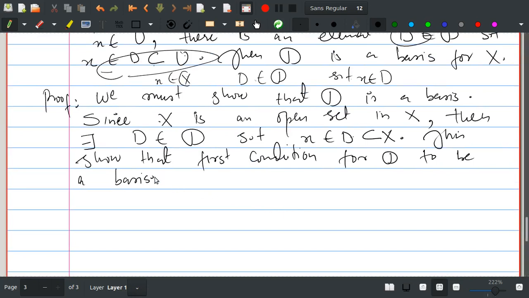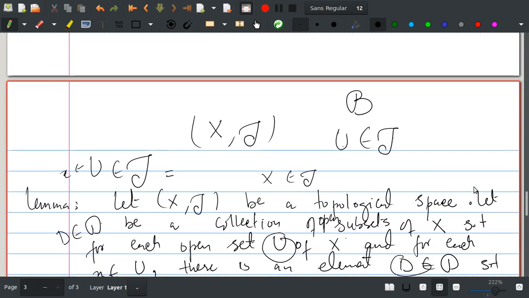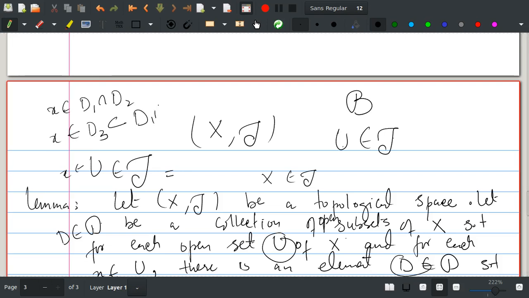Now to prove the second condition, to prove D is a basis, it remains to prove that if we have an element x in the intersection of two elements in this fancy D, we should be able to find an element D3 with the condition that this x is in D3 and this D3 is contained in this intersection.